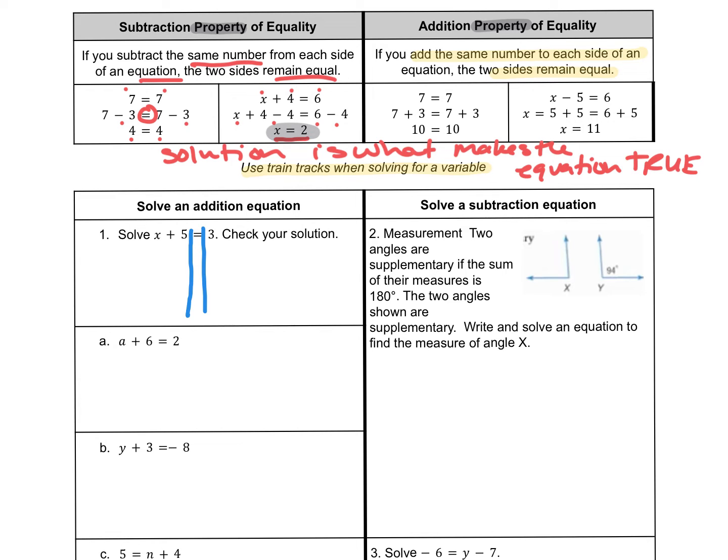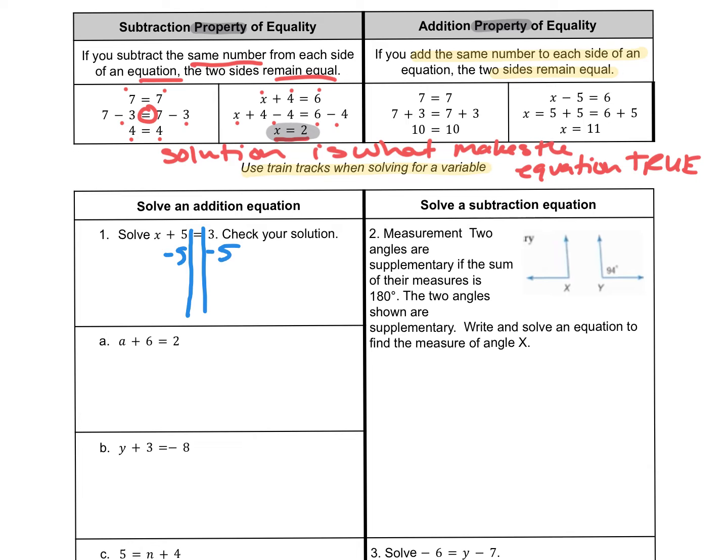So we have a number plus 5 equals 3. What number plus 5 equals 3? Some of you might be like, wait, I'm adding 5, but I'm only getting 3. So you might realize it's probably going to be a negative. So to undo adding 5, inverse operation, I take away 5. I'm going to subtract 5 from both sides. Notice how I did both sides?